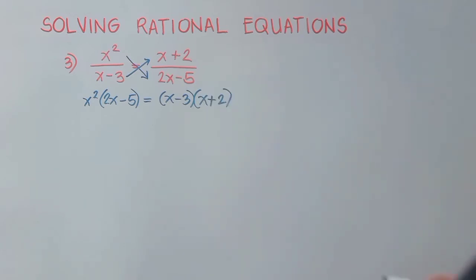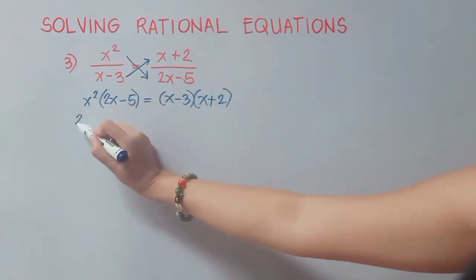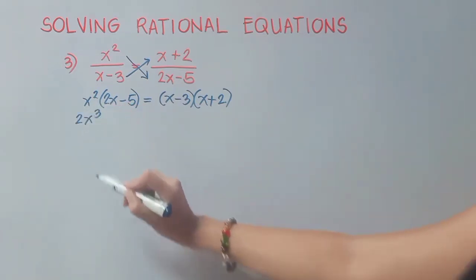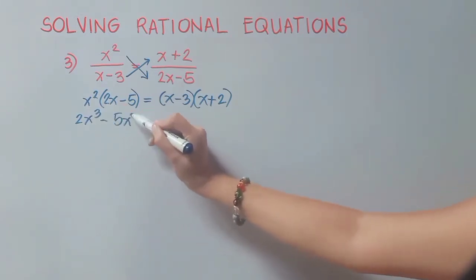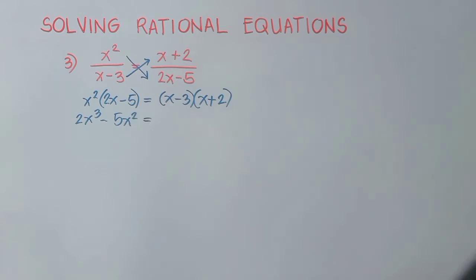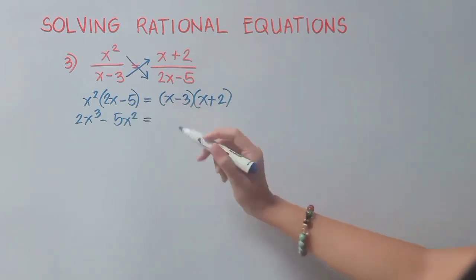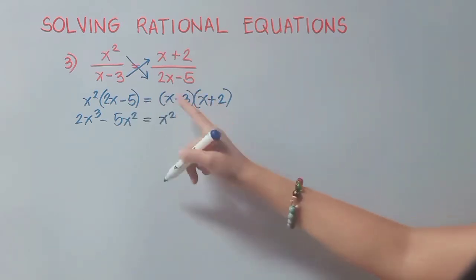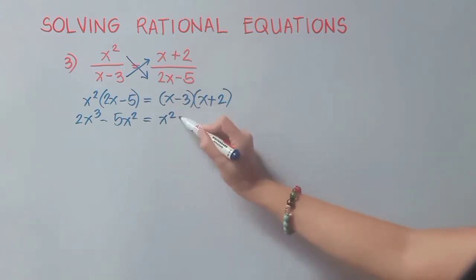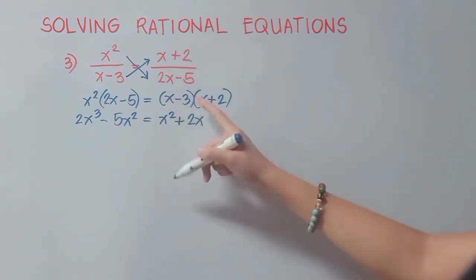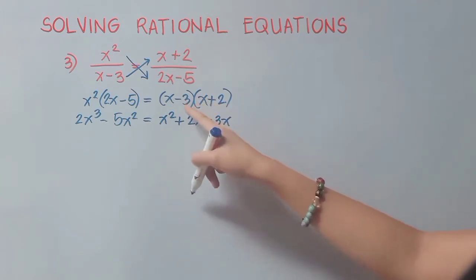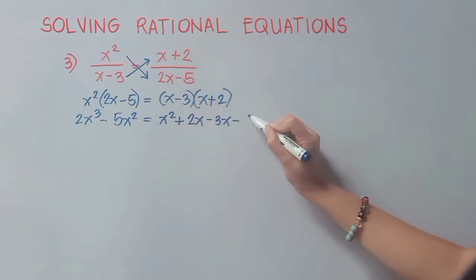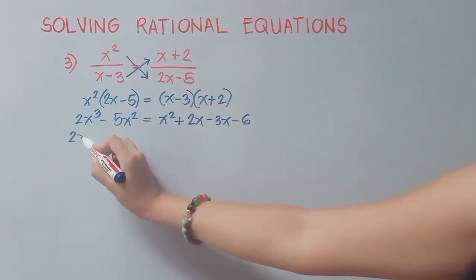Let us now distribute x squared. So we have here x squared times 2x is 2x cubed, and then x squared multiplied to negative 5 is negative 5x squared is equal to x times x, that is x squared, x times 2, that is positive 2x, negative 3 times x is negative 3x, negative 3 times 2 is negative 6.